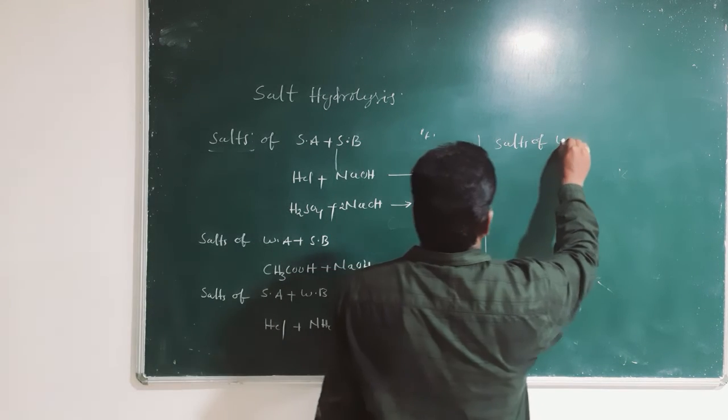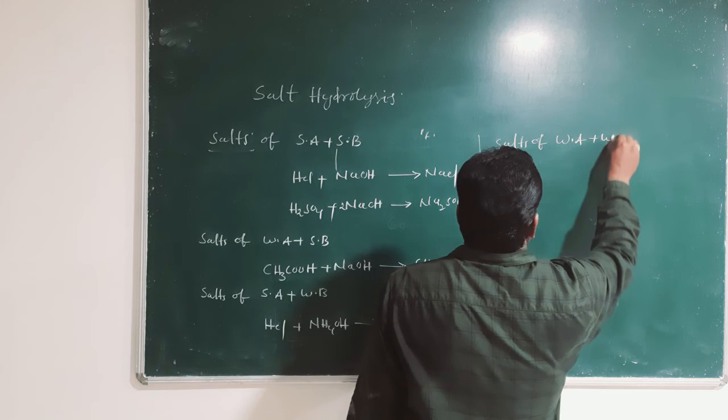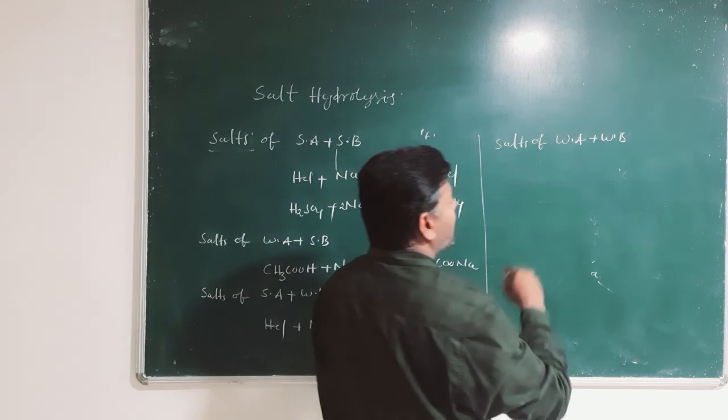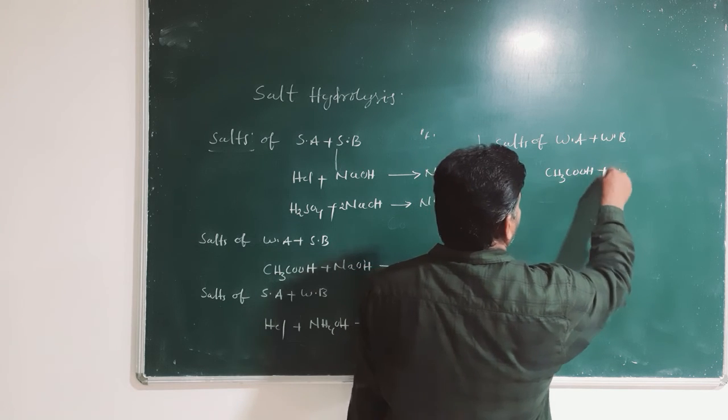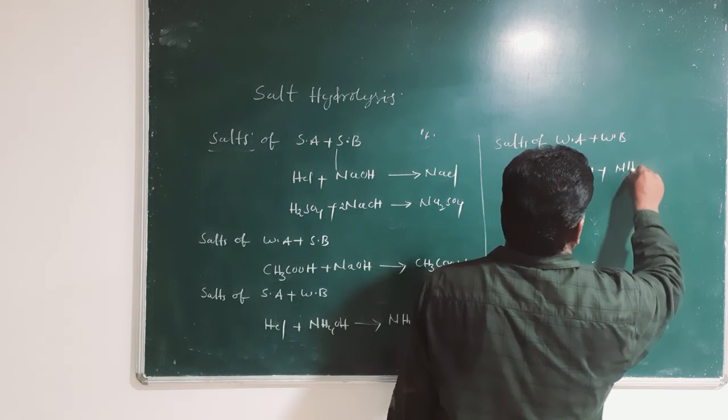The fourth type is salts of weak acid plus weak base. Weak acid example is acetic acid, and weak base is NH4OH.